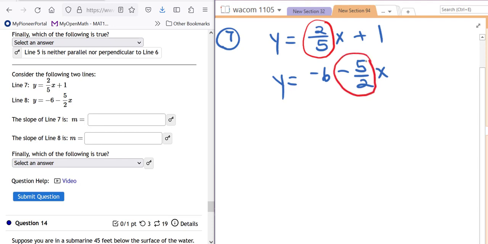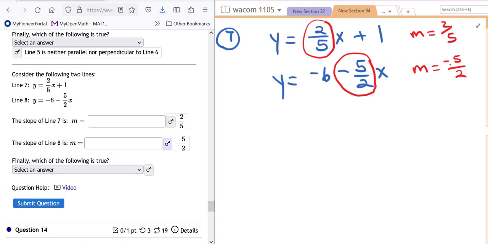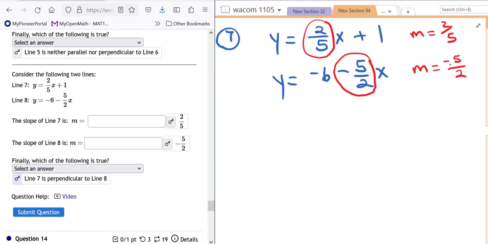Slope is always the coefficient of the x. So this one, m, is 2/5. This one, m, is -5/2. Your sign goes with it. Those are flipped over and they have opposite signs. So these are going to be perpendicular. So 2/5, -5/2, and perpendicular.